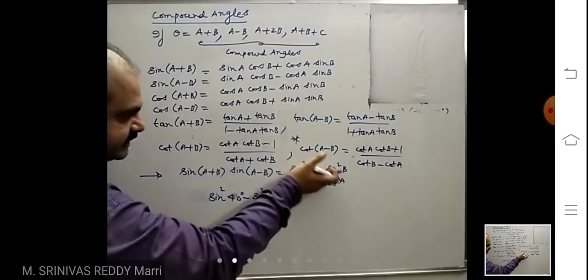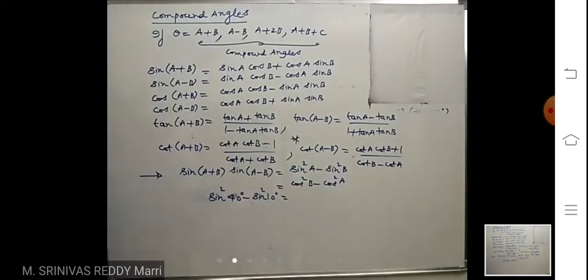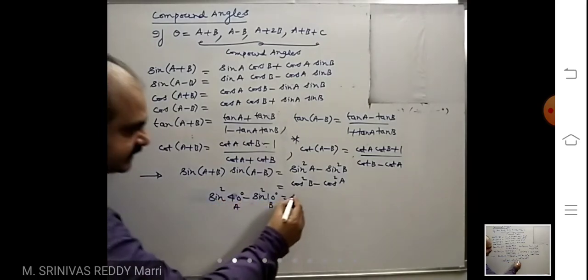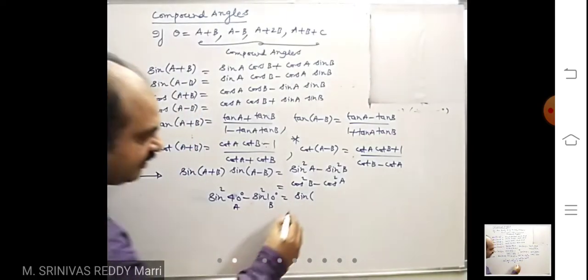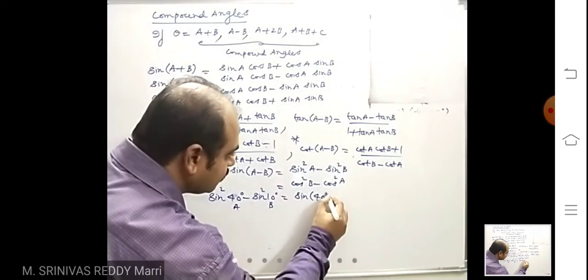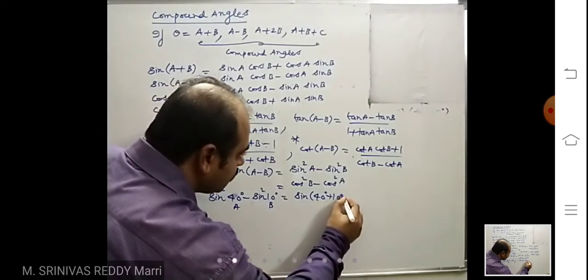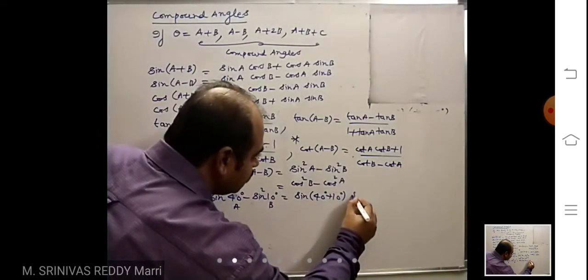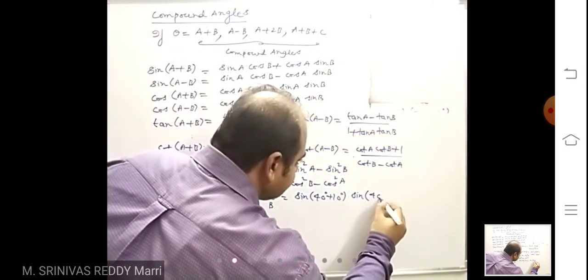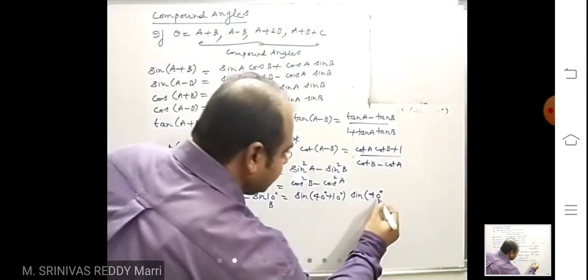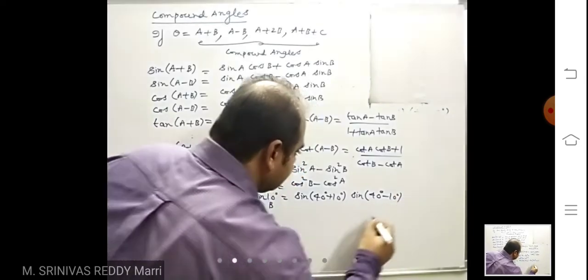You can use it from this side or this side. Now it is given sine square A minus sine square B. Sine square A minus sine square B is nothing but sine of A plus B into sine of A minus B. 40 plus 10 is 50 and 40 minus 10 is 30.